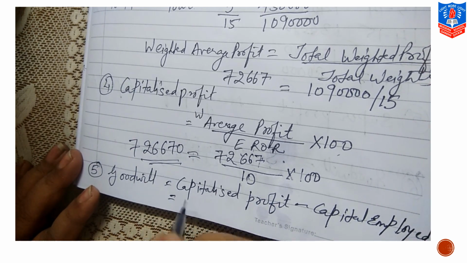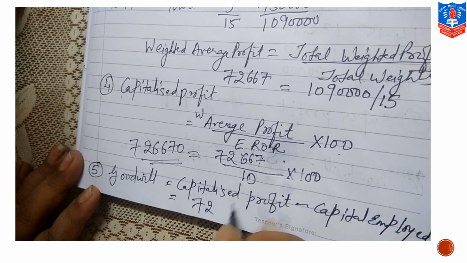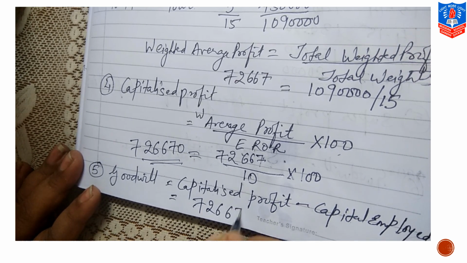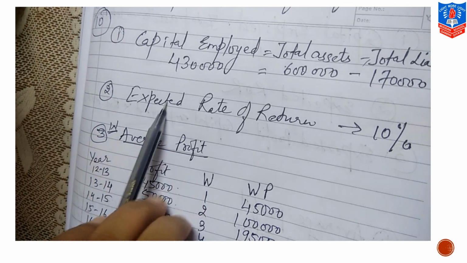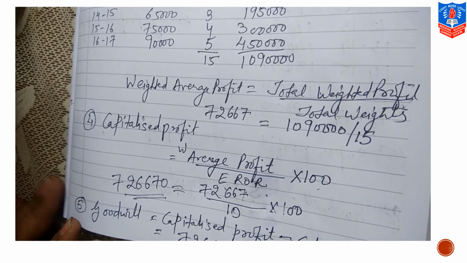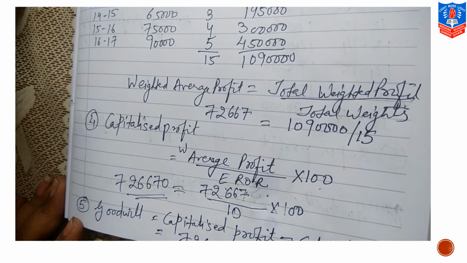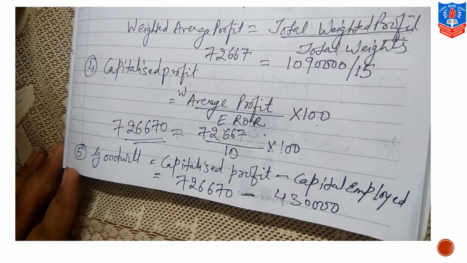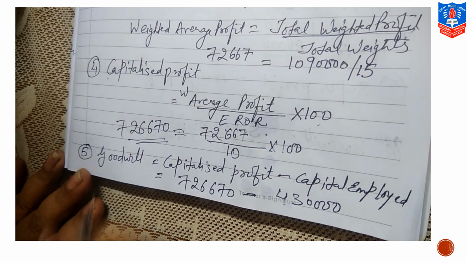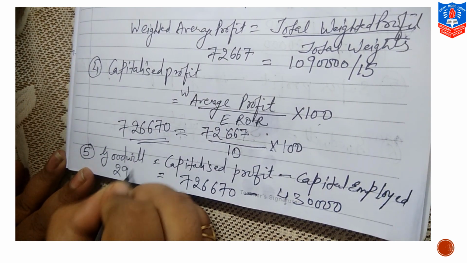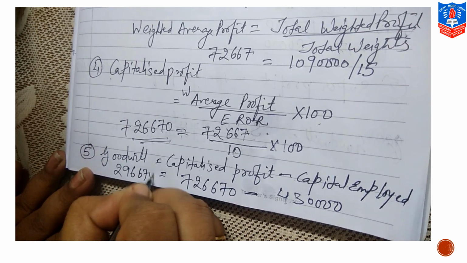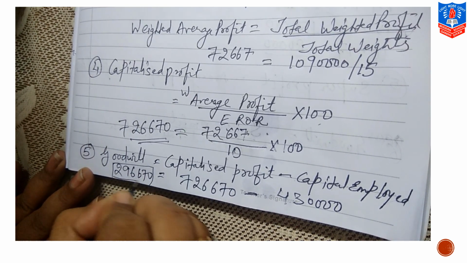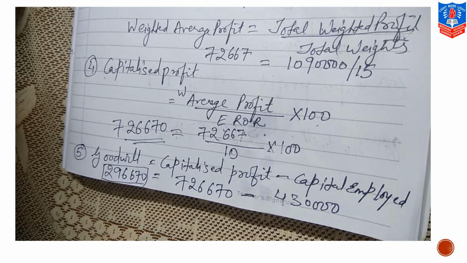So this is capitalized profit 7,26,670 minus capital employed. We have found out already capital employed 4,30,000. We will minus 4,30,000. Just insert the value in the formula. We get the goodwill 2,96,670. Just 5 steps to complete the question.